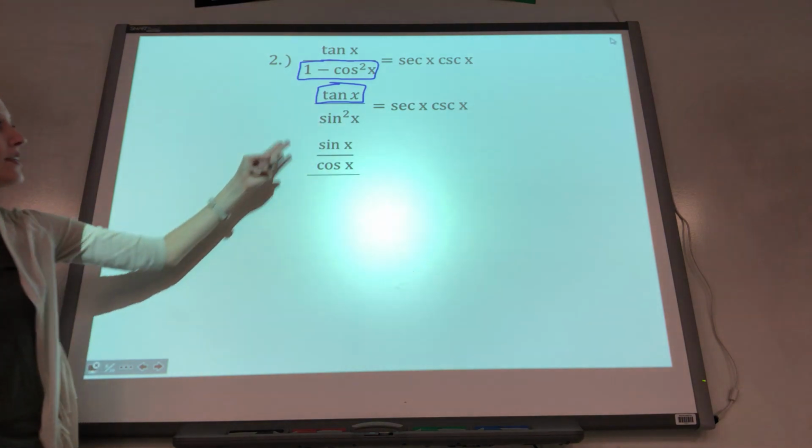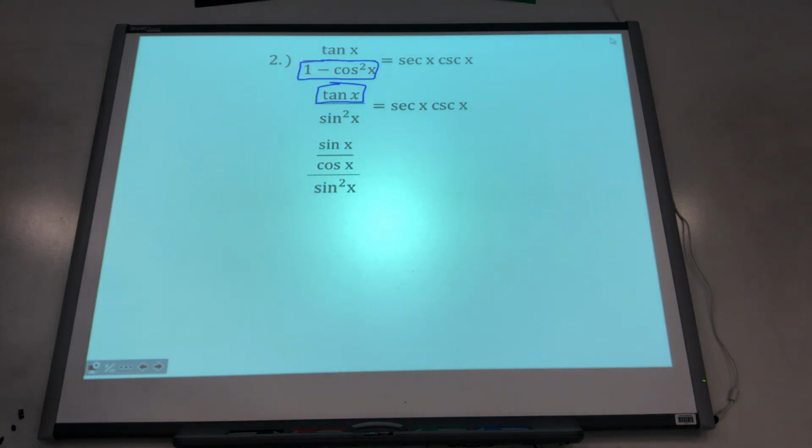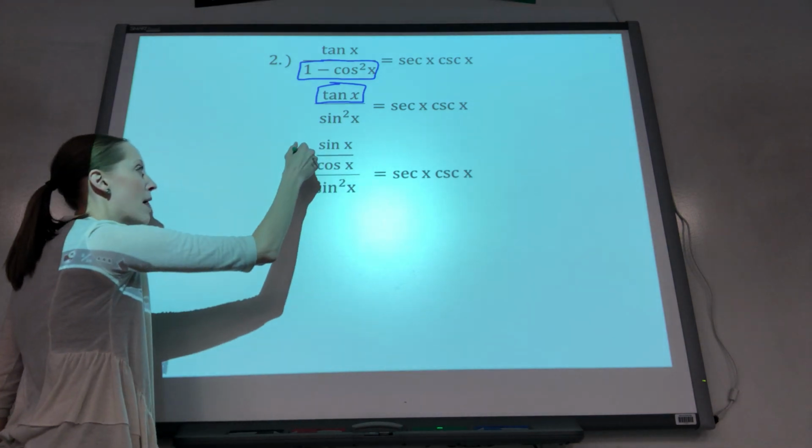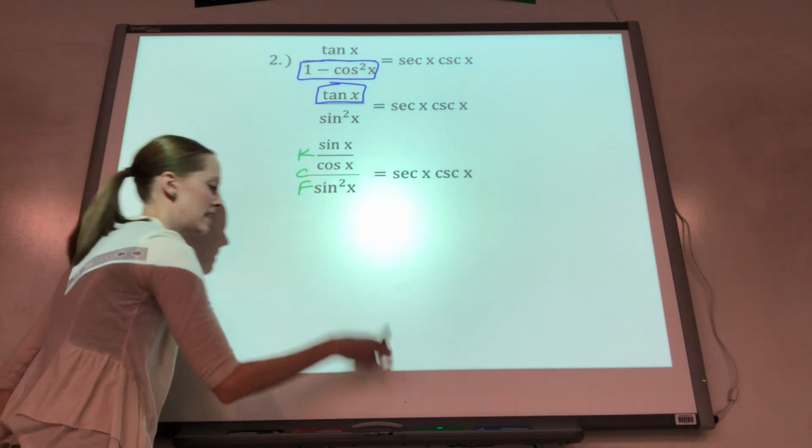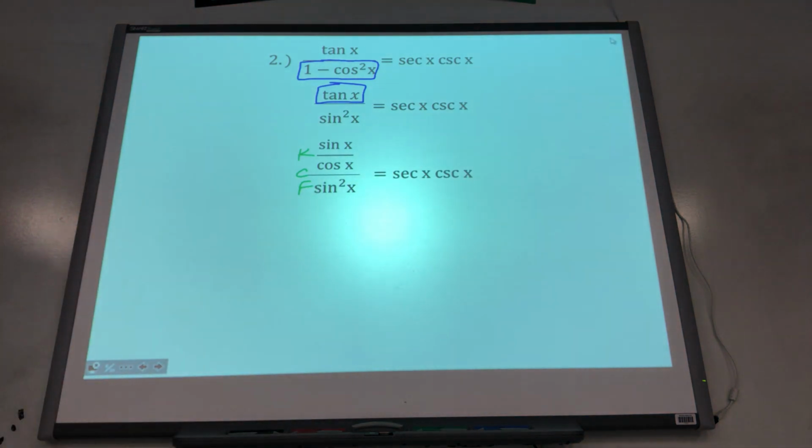Now, you're still dividing that by sine squared, and you still have the right-hand side, even though it is slightly annoying. Okay, and then my next step would probably be to just keep, change, flip. I want to do that, and then hopefully something nice happens.